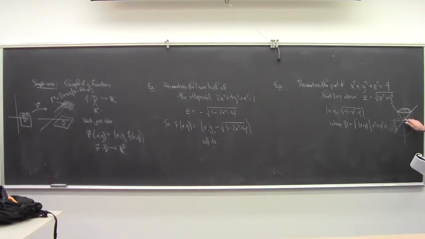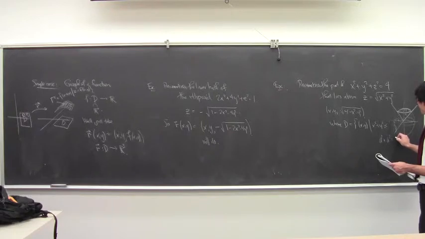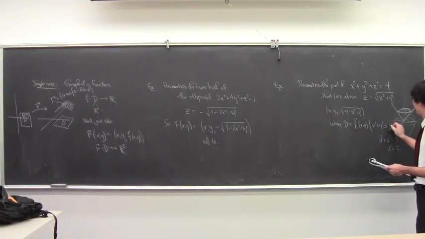We want, so this is going to be 2, so this is 1 over the square root of 2. Sorry. Right, a squared plus a squared is going to be 4, so a squared is equal to 2, so a is the square root of 2.